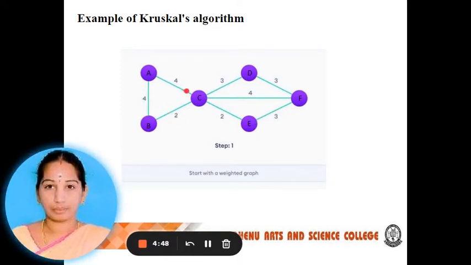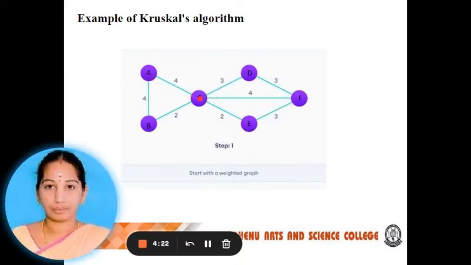Here the number of edges is 8: 1, 2, 3, 4, 5, 6, 7, 8. Next, we write all the vertex pairs, meaning connected pairs: A to B, A to C, B to C, C to D, D to F, C to E, E to F. These are all the vertex pairs.